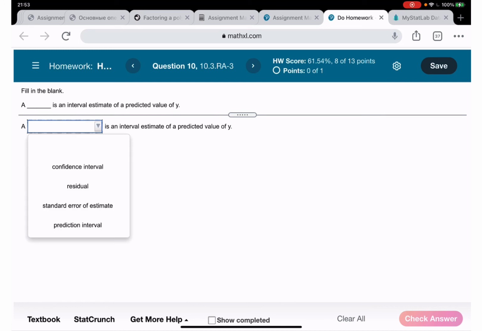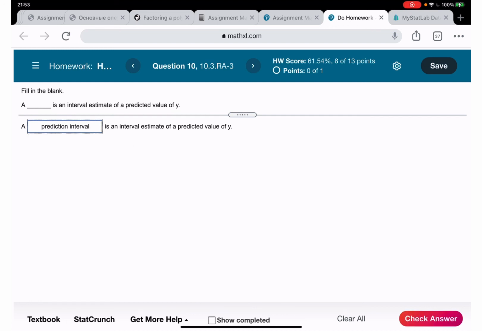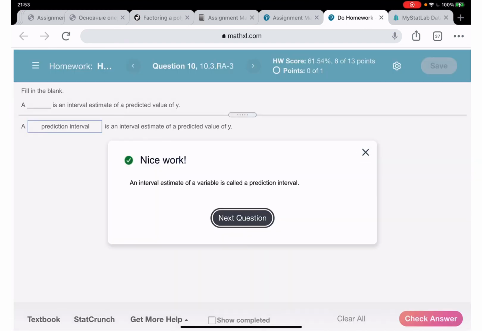A confidence interval doesn't estimate a predicted value. It estimates the mu parameter of the population. It's not residual. It's the prediction interval. It's predicted.